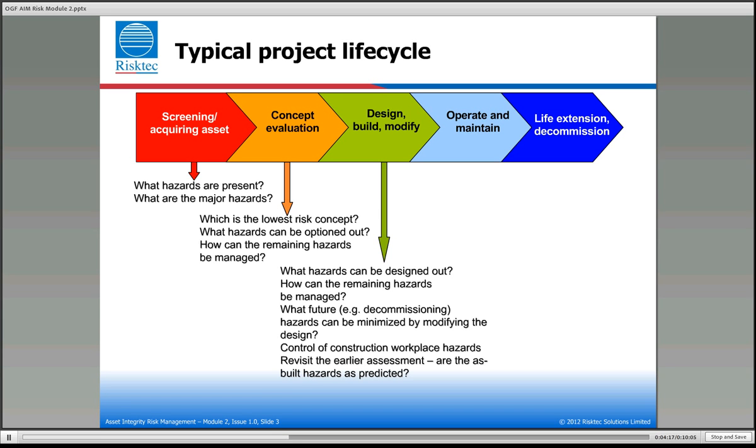So rather than leaving it for the decommissioning team to work out how they're going to manage those hazards, there may be things that we can potentially do during the design phase. There may be options we can adopt during the design phase that are going to make it easier and less hazardous for those guys to decommission it. So those, again, should be options considered during the detailed design phase, as well as, can we actually build this safely?